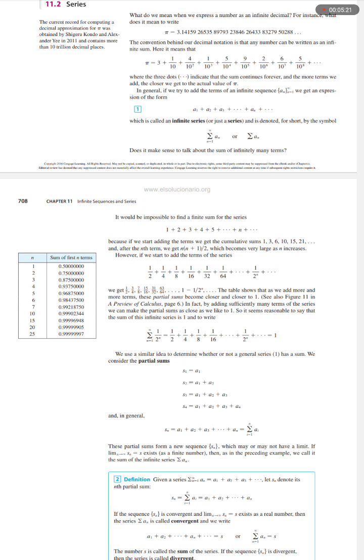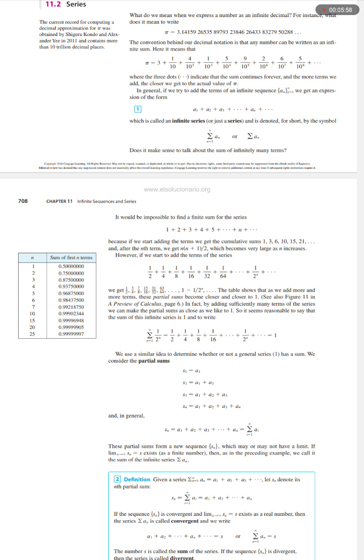We use a similar idea to determine whether or not a general series (1) has a sum. We consider the partial sums: s_1 equals a_1, s_2 equals a_1 plus a_2, s_3 equals a_1 plus a_2 plus a_3, s_4 equals a_1 plus a_2 plus a_3 plus a_4.